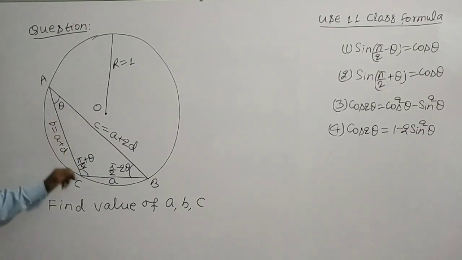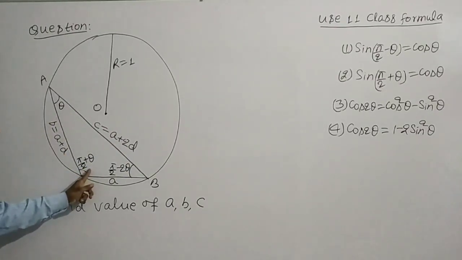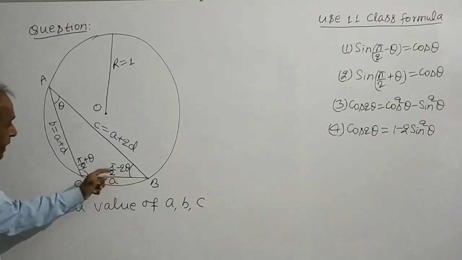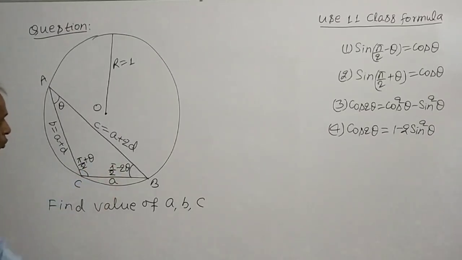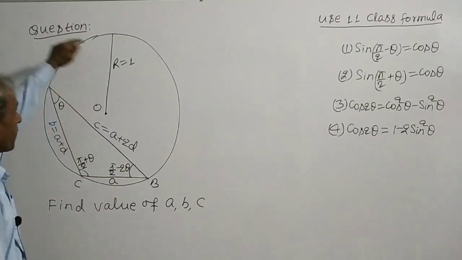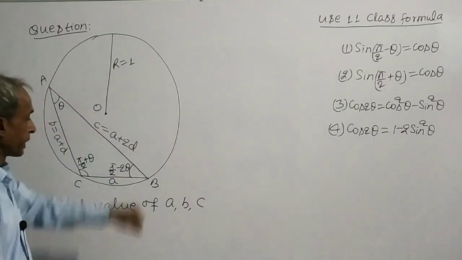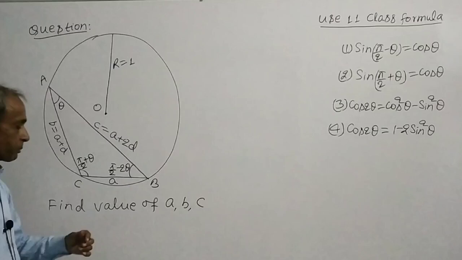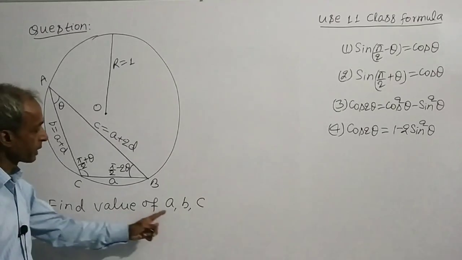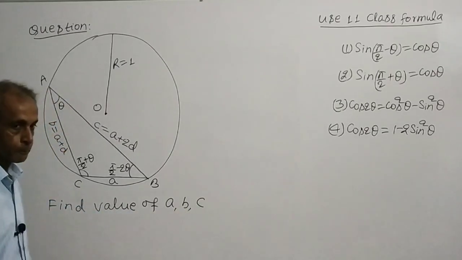This angle is theta, this angle is pi by 2 plus theta, this angle is pi by 2 minus 2 theta. The radius of the circumcircle of this triangle is 1 unit. We have to find the value of abc.